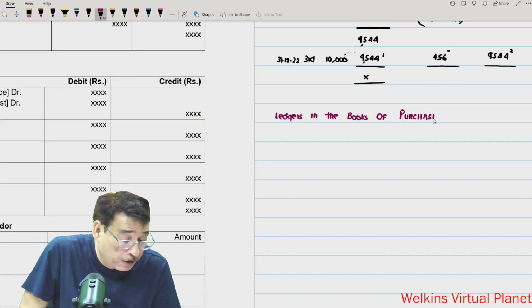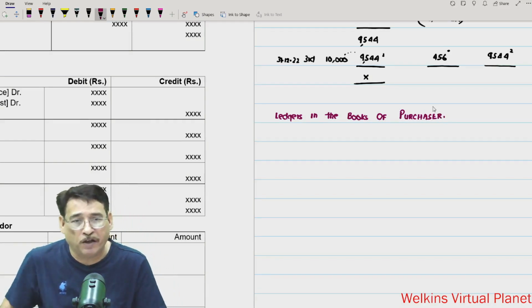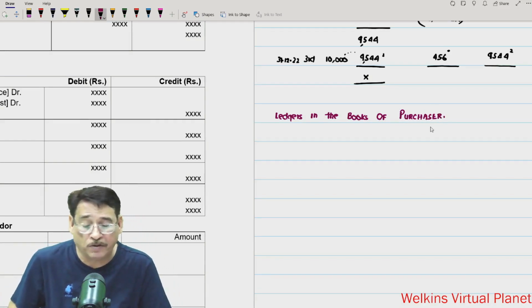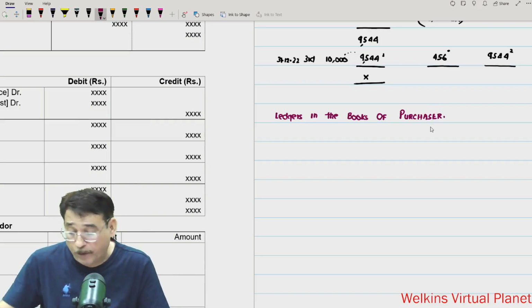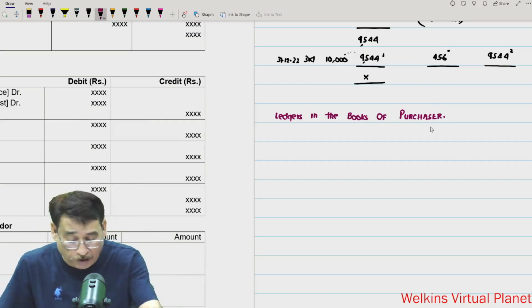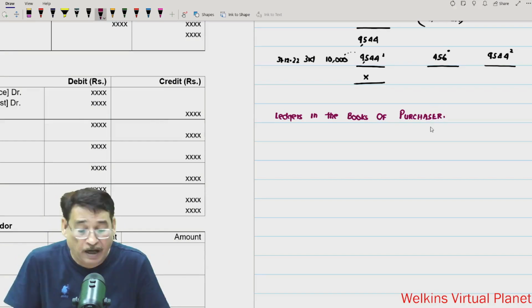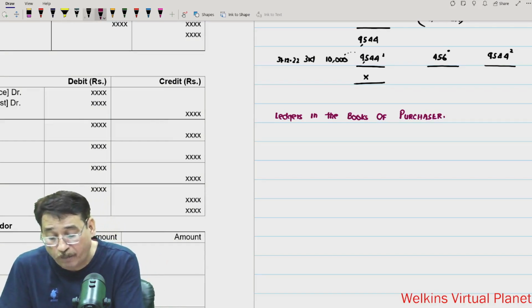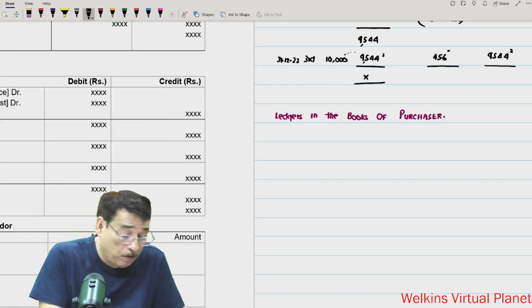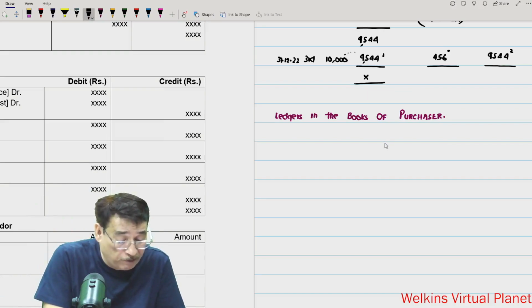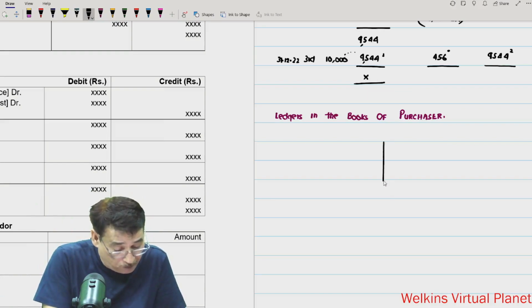We will see later on that as far as purchaser is concerned, correct? Purchaser, that is hire purchaser, will prepare two types of account. We will see later on. One, he will prepare hire vendor account, and secondly, he will prepare the asset account. First, he will prepare hire vendor account.